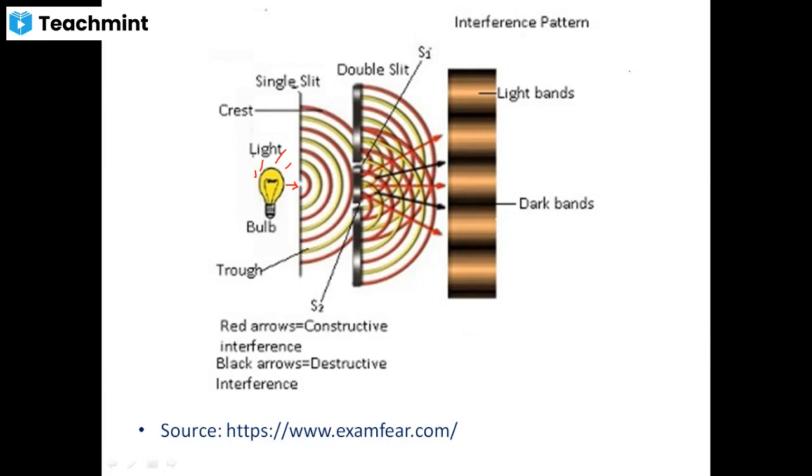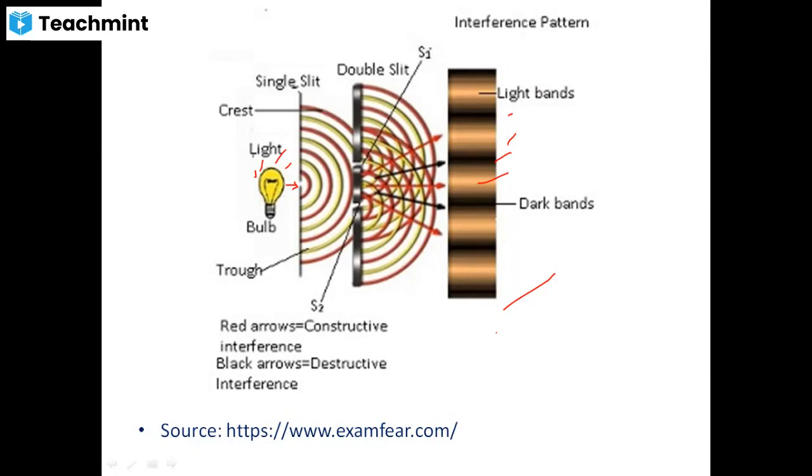Ultimately, on the screen, we get light bands and dark bands, an alternating fringe pattern. This is known as the interference fringe pattern.